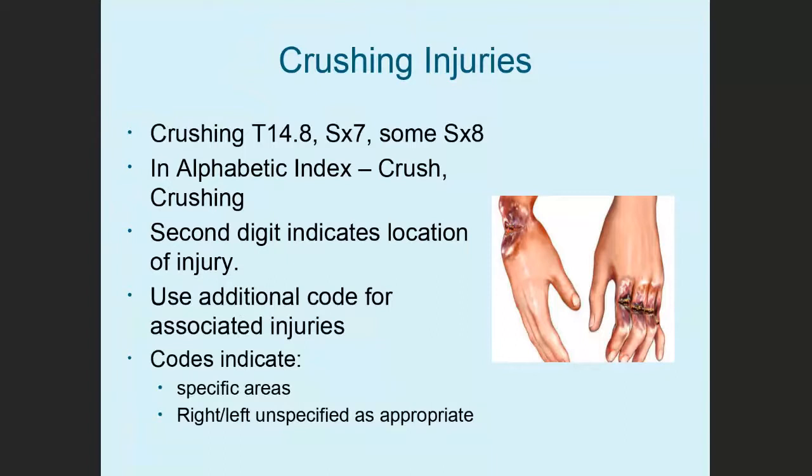Crushing injuries. Crushing injuries occur with prolonged compression of a body part. Codes for crushing injuries are found in T14.8, S with a digit for site 7, and some S with a digit for site 8. So in the alphabetic index, you look up crushing, and this second digit here will indicate where it's being crushed.